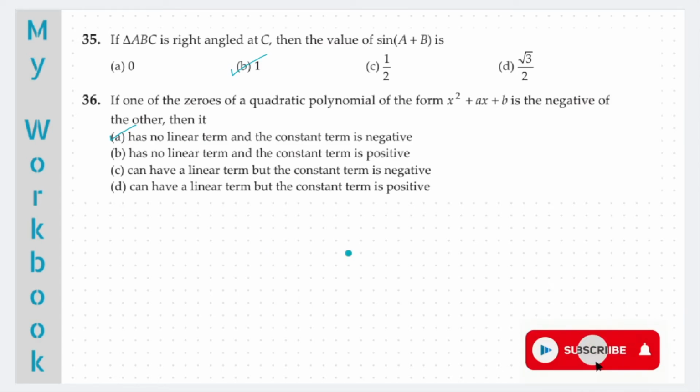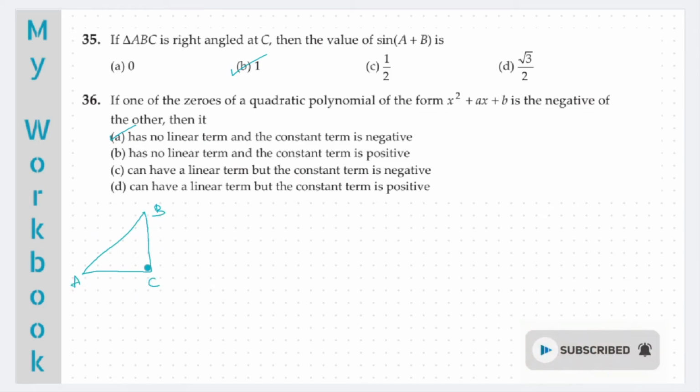So in 35th question, ABC is a right angle triangle with right angle at C. We need to find the value of sine of A plus B. So what will be the sum of the 3 angles in a triangle? 180.